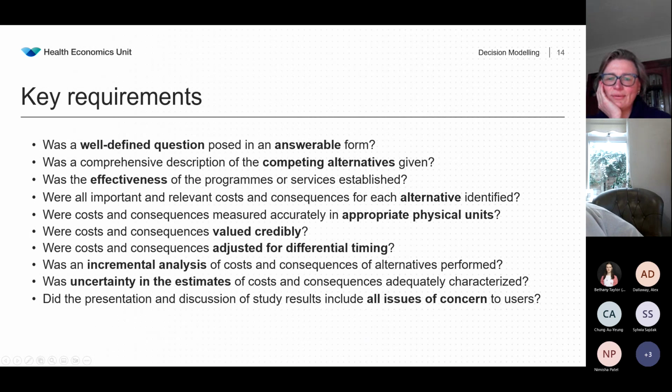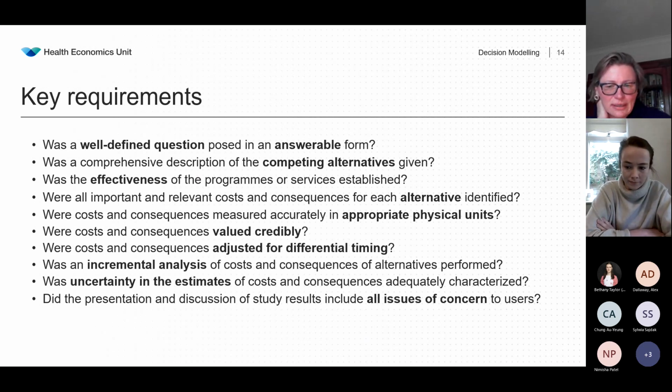Modeling relies on the required features of any economic evaluation seeking to inform decision making. So the underlying studies that we can use for modeling must meet some key requirements. And this aligns with the NICE guidelines manual for the role of modeling. There are various checklists out there, but I'll present maybe the most commonly used one, which NICE also uses.